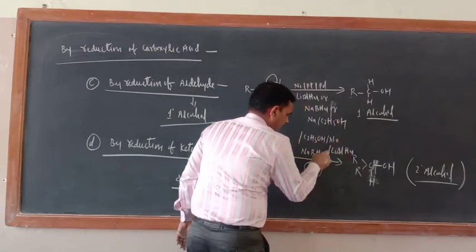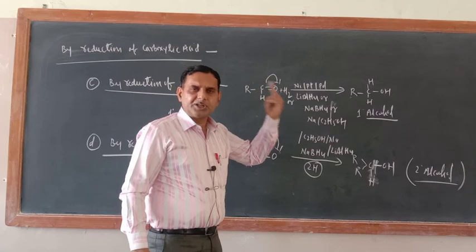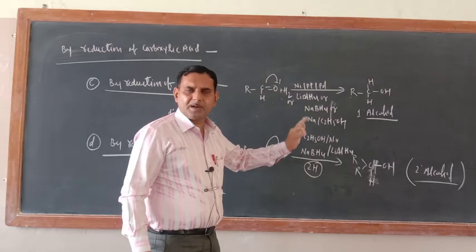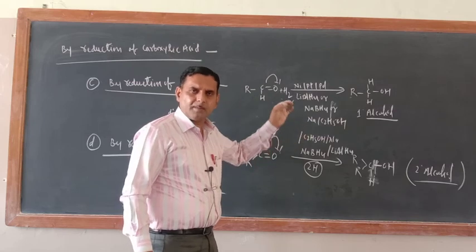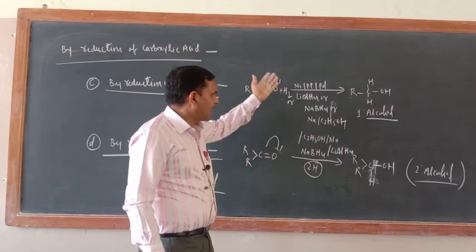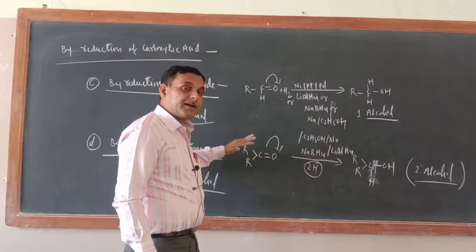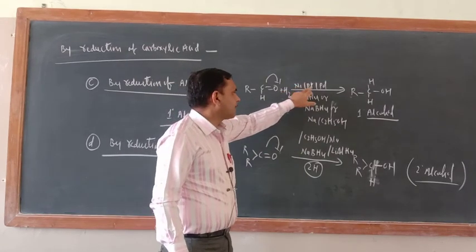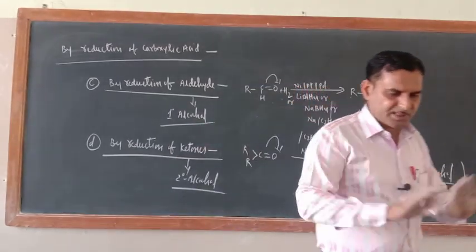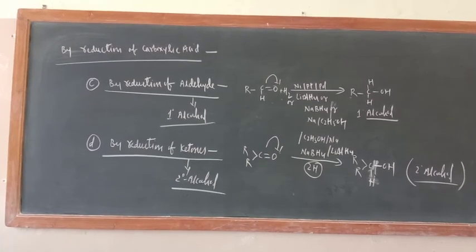So just remember, carboxylic acid either in presence of sodium C2H5OH or lithium aluminium hydride, ester only by sodium C2H5OH. And for them there is no issue. As compared to aldehyde, ketone undergoes reduction reaction with difficulty. That is why Ni/Pt/Pd is not required. In this way, this method of preparation is also finished. Only one method of preparation is left, that is from the Grignard reagent. Okay, thank you.